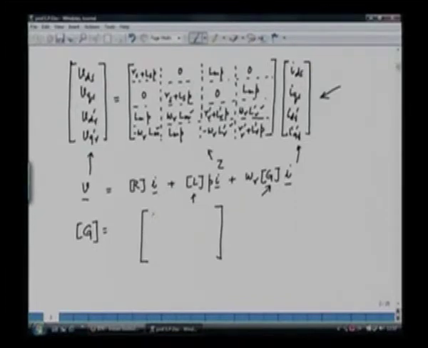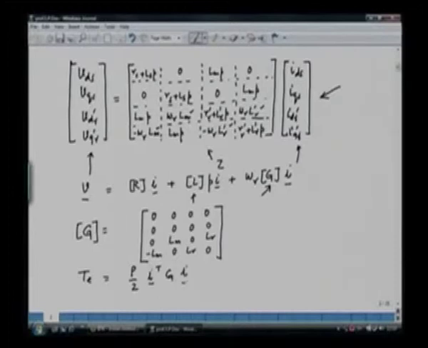So we can write down this G matrix. And once we evaluate this G matrix, we can find out the torque. Torque is equal to P by 2 I transpose G and I.